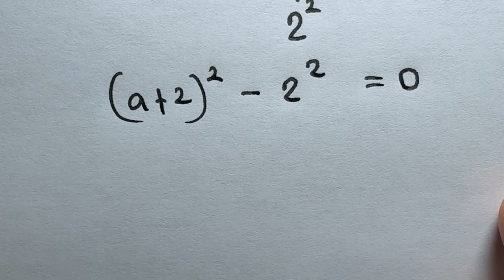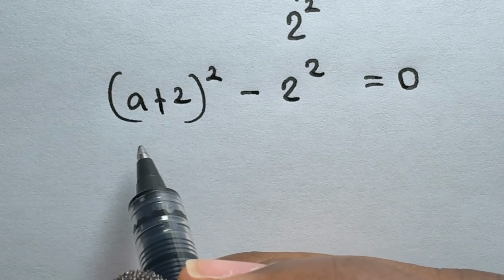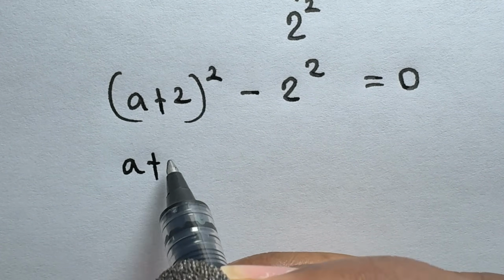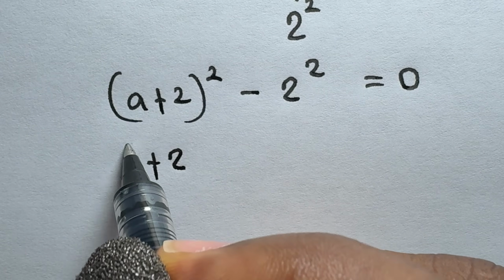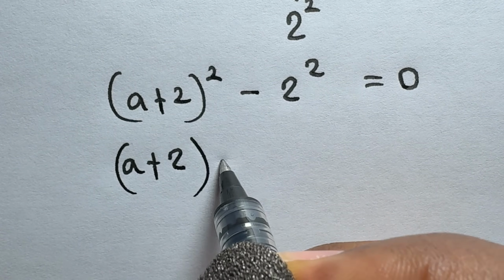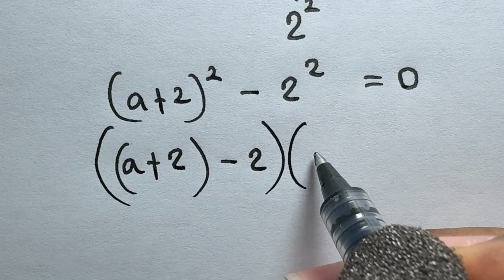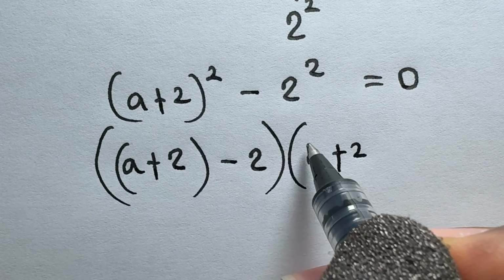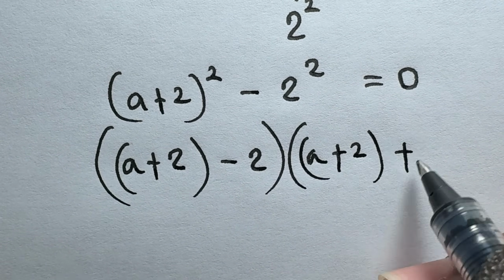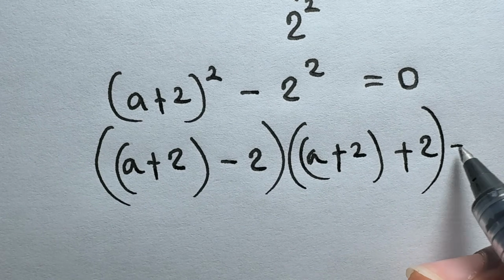This is another difference of 2 squares. Then we have (a + 2 - 2) times (a + 2 + 2) is equal to 0.